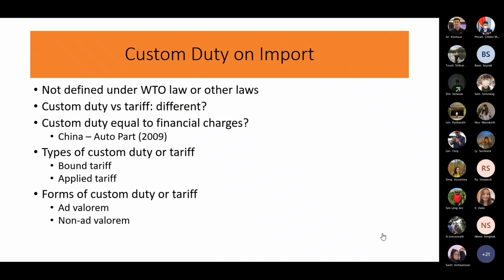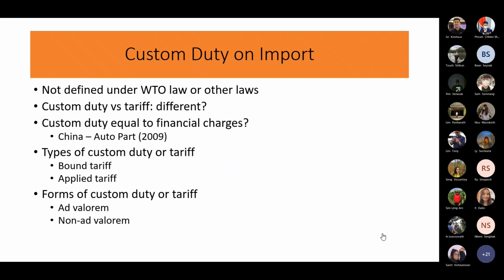Can anybody make a guess? I think no, sir. Not the same? Yes. Why? Custom duty is like the tax that they impose on the border, but tariff, I think, might include custom duty and financial charge or quantity restriction.